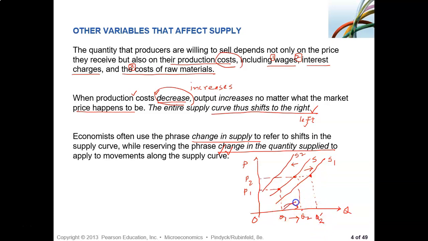So supply is increasing from Q1 to Q2 prime, all because of the shift in the supply curve from S to S1. This can be because of, as we said, a decrease in production cost, and this increase from Q1 to Q2 prime we call a change in supply. Supply can also decrease, as we have explained in the previous slide.